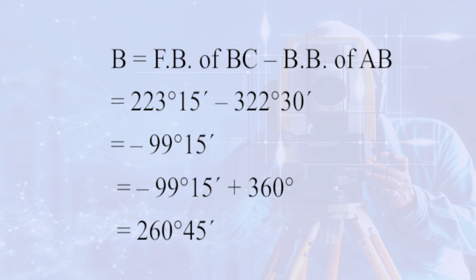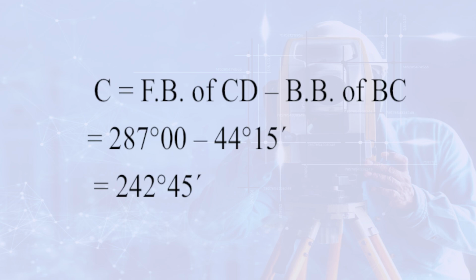So, the included angle B will be 260 degree 45 minutes. Now, the included angle C can be calculated as forebearing of CD minus back bearing of BC. Forebearing of CD we have calculated as 287 degree and back bearing of BC as 44 degree 15 minutes. So, the equation will be 287 degree minus 44 degree 15 minutes. The answer will be 242 degree 45 minutes.